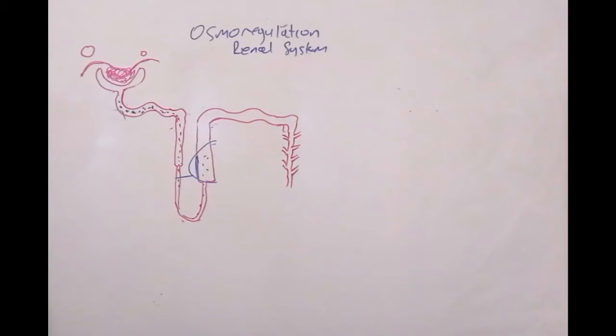Bowman's capsule. The reason you have a bigger diameter afferent arteriole and a smaller diameter efferent arteriole is because you want that blood to spend time there. So we are delaying the process.